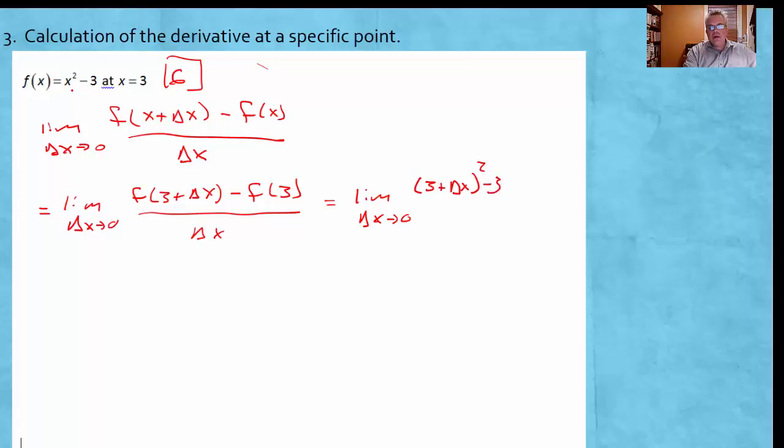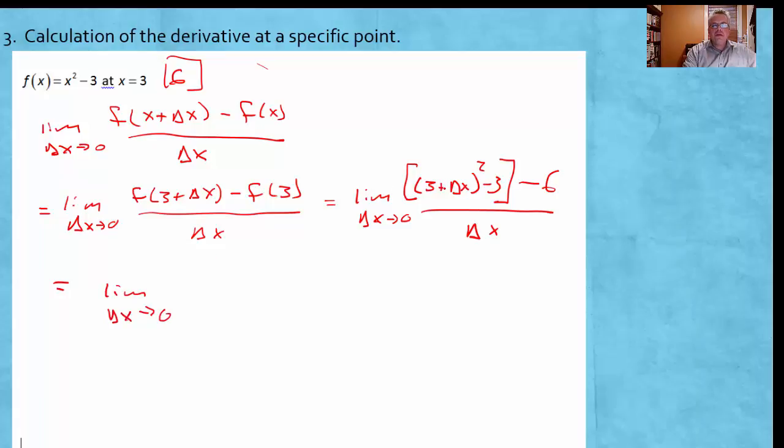I just substitute x plus delta x in for x, so maybe I'll put brackets around this, because that was all that first thing, minus f of 3. If I put 3 in, I get 9 minus 3, which is 6, all divided by delta x.